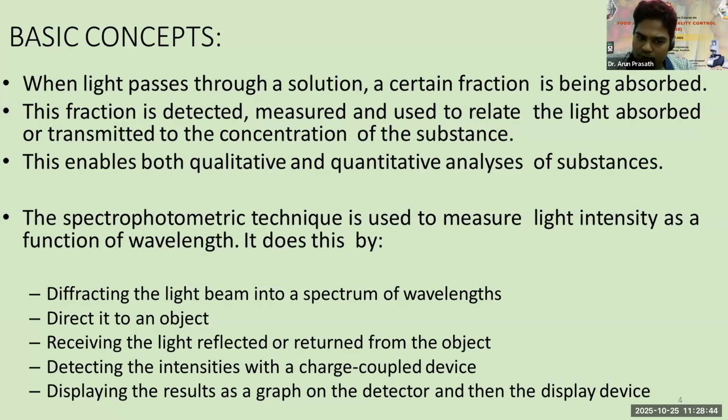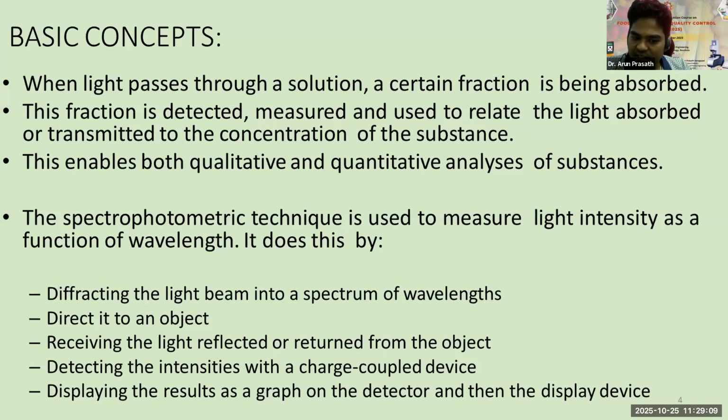The spectroscopic technique is used to measure the light intensity as a function of wavelength. It is done by the following steps. First, we need a light source, then the light beam is diffracted into a spectrum of wavelengths and directed to be incident over an object or our sample.